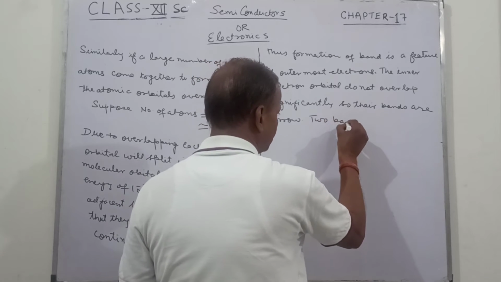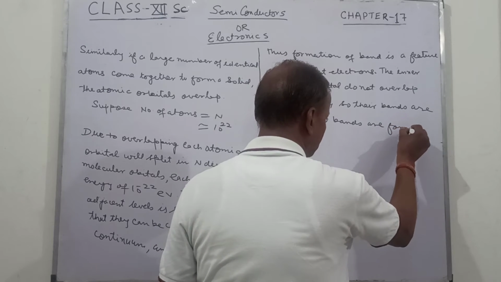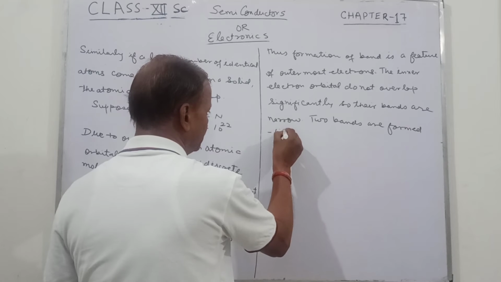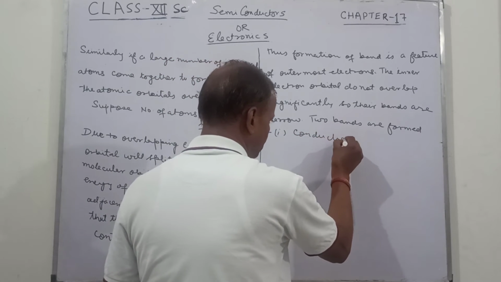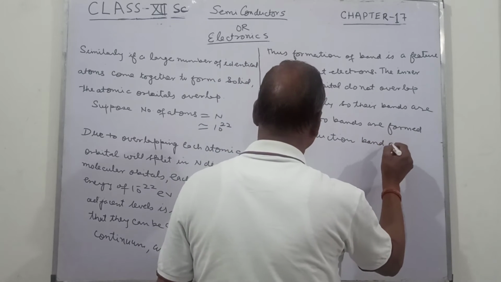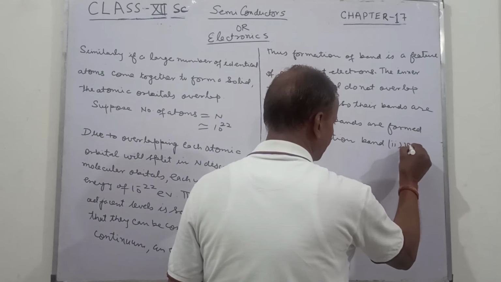Two bands are formed. Number one, conduction band, and number two, valence band.